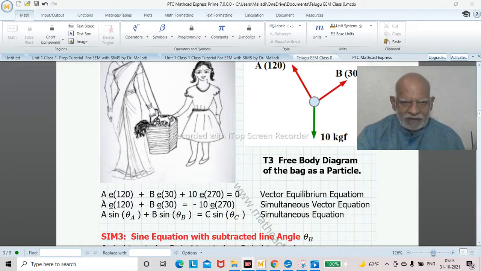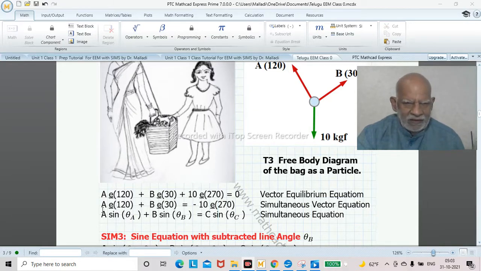So vector A has a magnitude of A, and theta A is 120 here. This is known as the unit vector, and the vector symbol is shown here. And B, and this is equal to 0. We can call this a vector equilibrium equation.